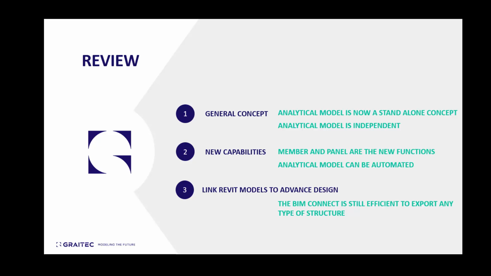And if we want to create an analytical model in association with a physical one, it's possible to automate this by using a Dynamo script. And when you look at the link from the Revit model to Advanced Design, it's really well done, and the Beam Connect is still efficient to export any type of structure from Revit to Advanced Design.